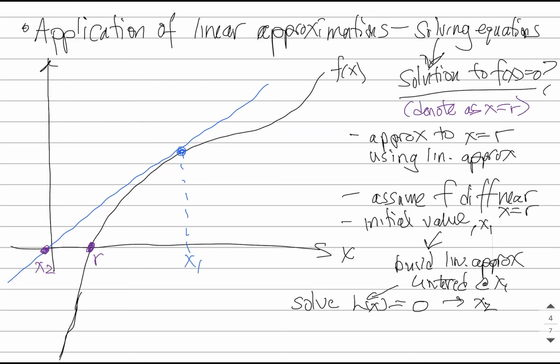If I were to then take my equation, so let's say I form my tangent line, I'll have y minus f of x1 equals f prime of x1 times x minus x1. And I should rewrite it in this way. Let's say that L of x is f of x1 plus f prime of x1 times x minus x1. And I want this to be 0, and I want to solve for the x here.